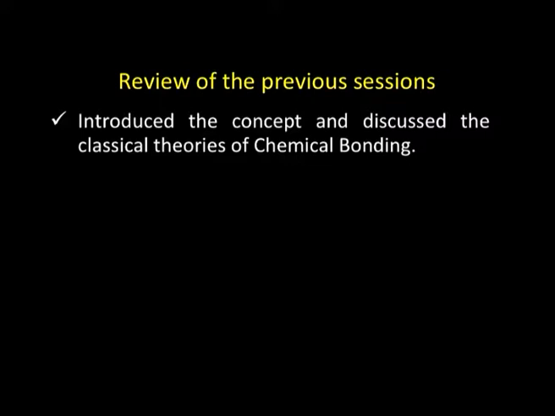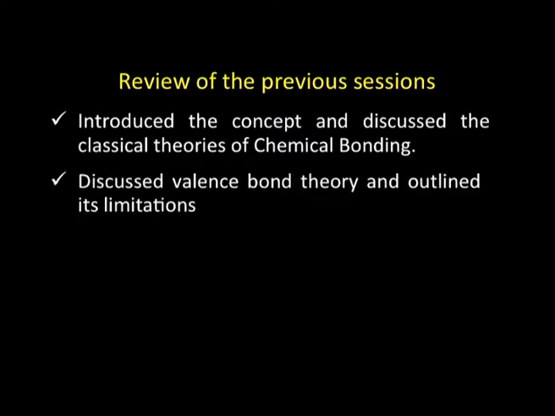What we have done so far is that we started by introducing the concept of chemical bonding and discussed classical theories of this, that is the Kossel theory and Lewis theory and things like that. Thereafter, we moved on to a quantum mechanical approach to chemical bonding, that is in terms of valence bond theory, and we discussed the theory in detail and outlined its limitations.